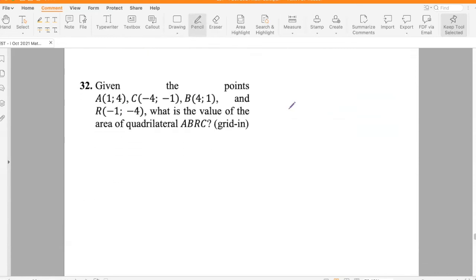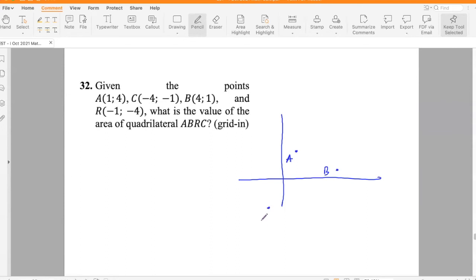Given the points A, C, B, and R, what is the value of the area of quadrilateral ABRC? Okay, so A is 1, 4. B is 4, 1. Okay. R is -1, -4.